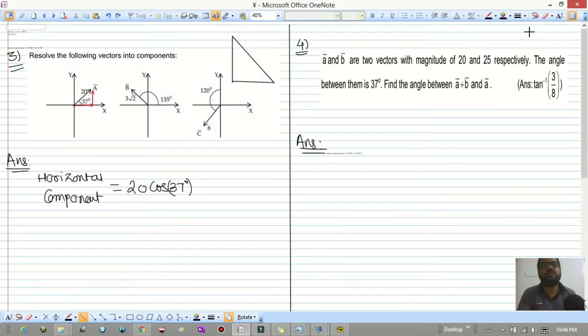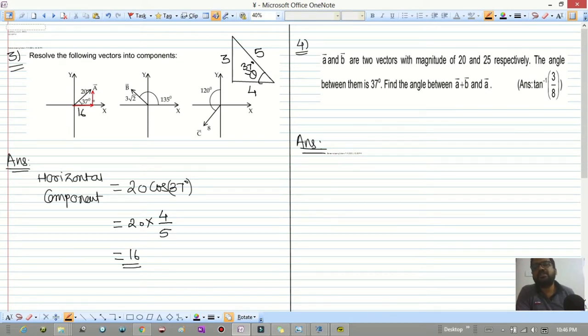Always remember that if this side is 3, this is 4, and this is 5, and this angle is theta, then sin theta is 3 divided by 5 and cos theta is 4 divided by 5. This angle is 37 degree. So 20 into cos 37, which is 4 divided by 5, is equal to 16 units. This is the horizontal component.